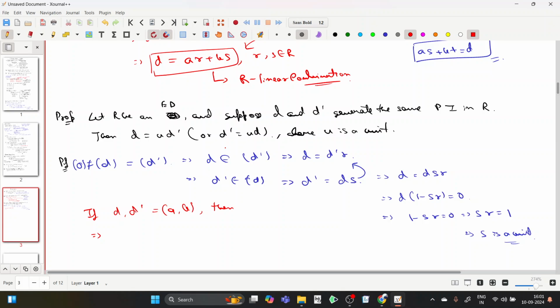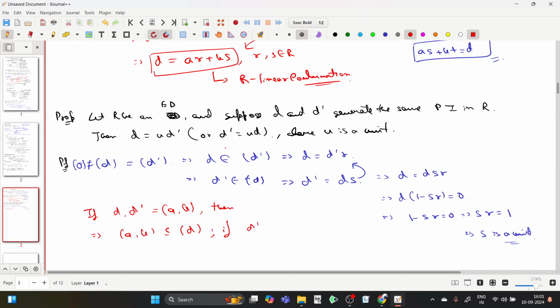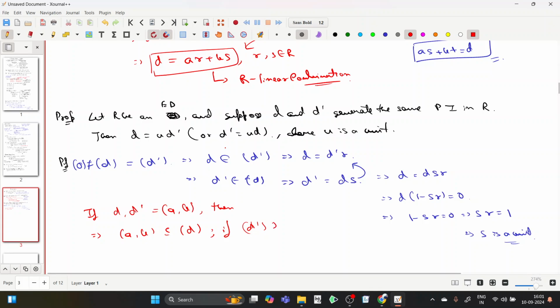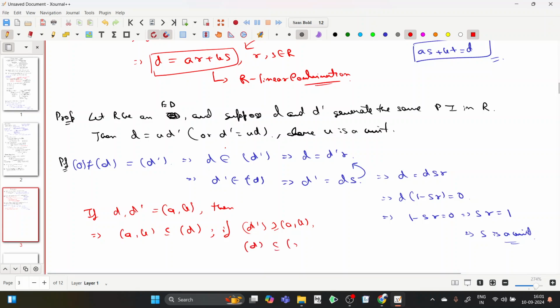There we had shown that the ideal generated by A and B is contained in the ideal generated by D, and if D dash is another element whose ideal contains A and B, then D dash must divide D, so the ideal generated by D must be contained in the ideal generated by D dash.